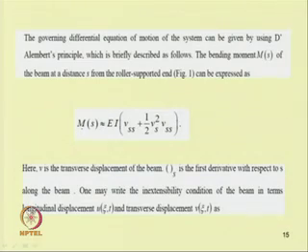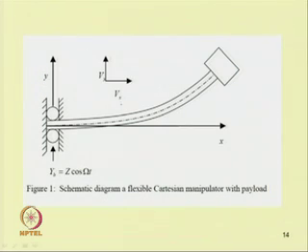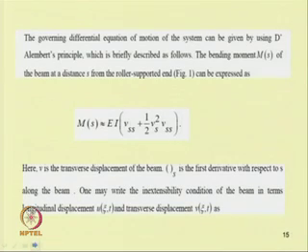So, this is the moment at any section S. If you take the moment at a distance x, let us take it at a distance S. Then this will be written as EI del square v by del s square plus half of del v by del s whole square into del square v by del s square. Here some terms have been neglected and one can get this equation.